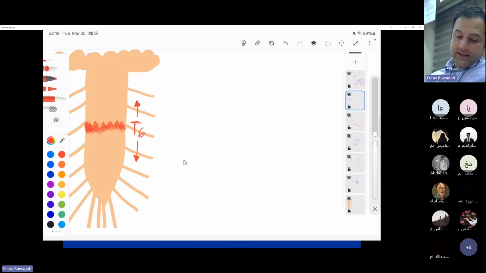Now, what is the center of the sympathetic nervous system in the brain? It is the hypothalamus.